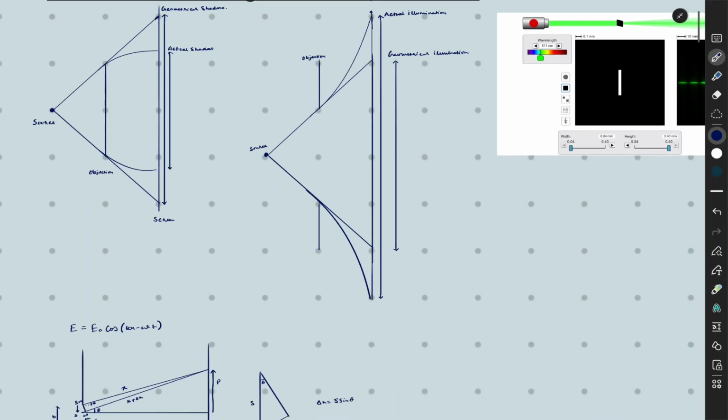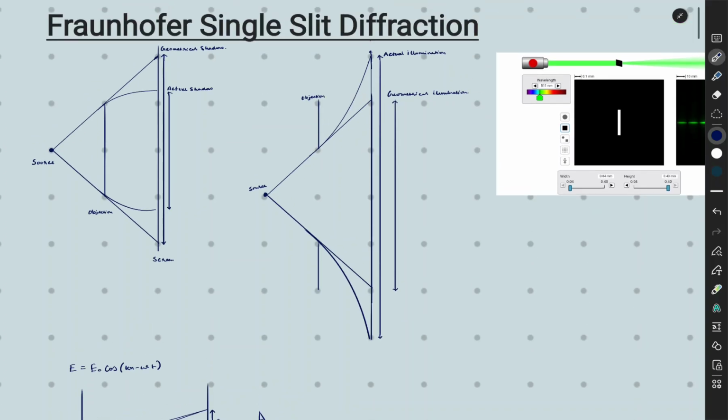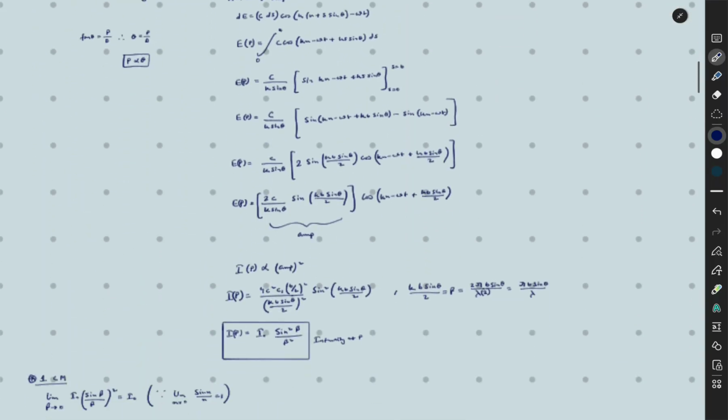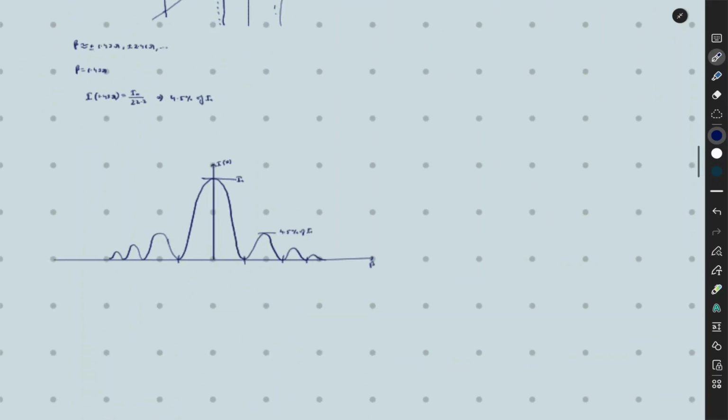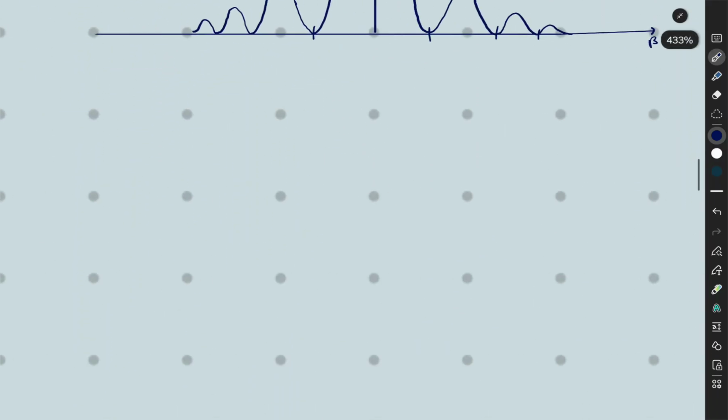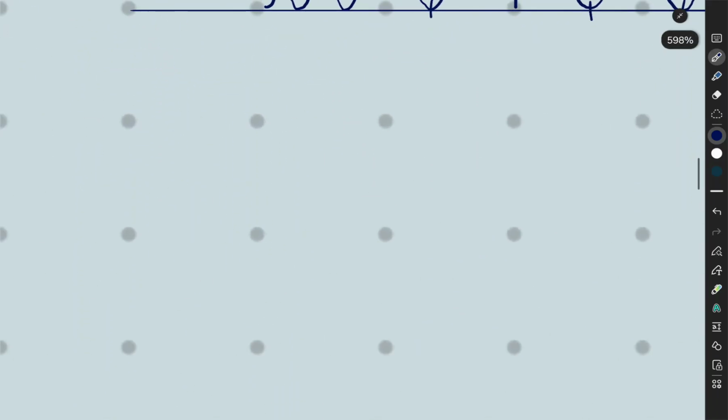Now the key points that we need to remember. Diffraction is the spreading of wave as they pass through an opening. So we'll write the key points over here. Key points.